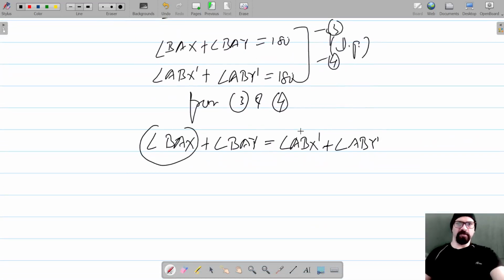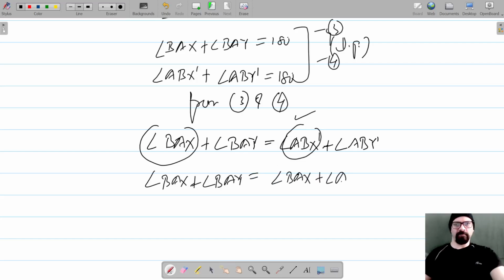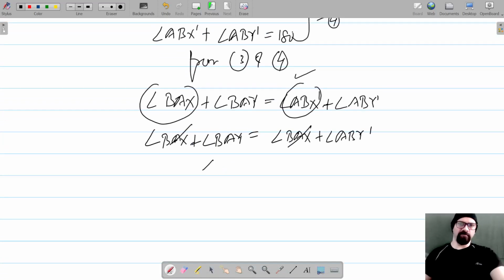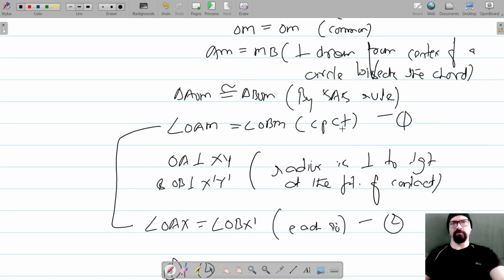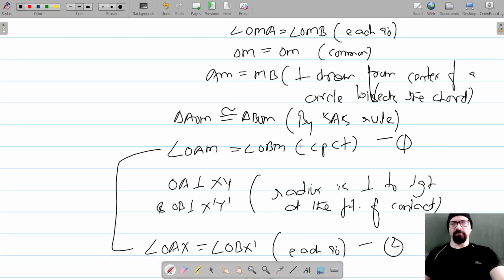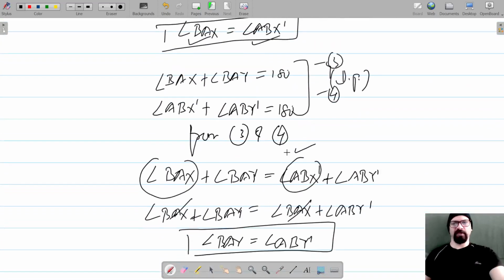So these two angles are equal. So instead of this ABX dash, I can write angle BAX because these two angles are equal and this gets cancelled. So finally we have angle BAY is equal to angle ABY dash. This was the second result that we have to prove. Angle BAY is equal to angle ABY dash.